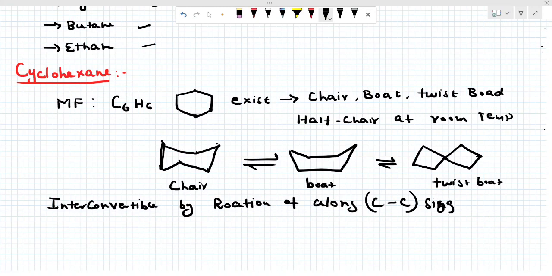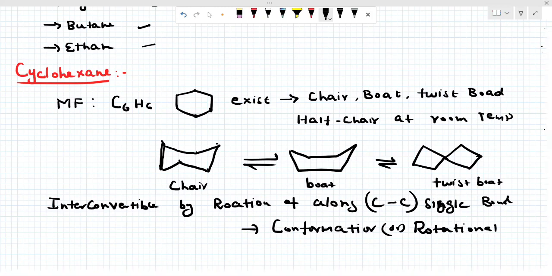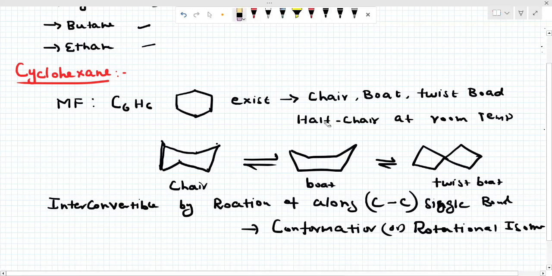Please note, these are called conformational analysis, conformations or rotational isomers. Whenever carbon single bond rotation takes place, that is called conformational isomerism.